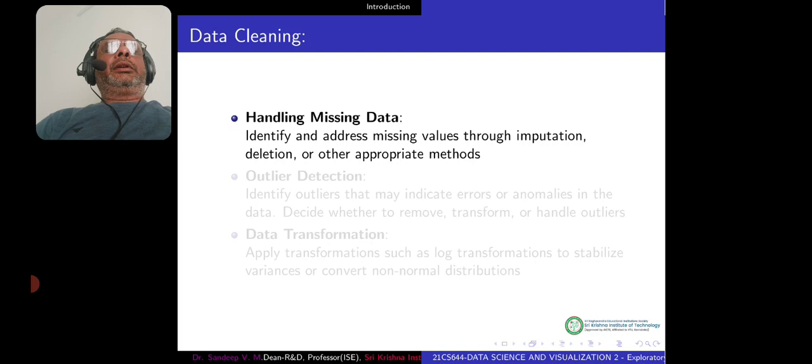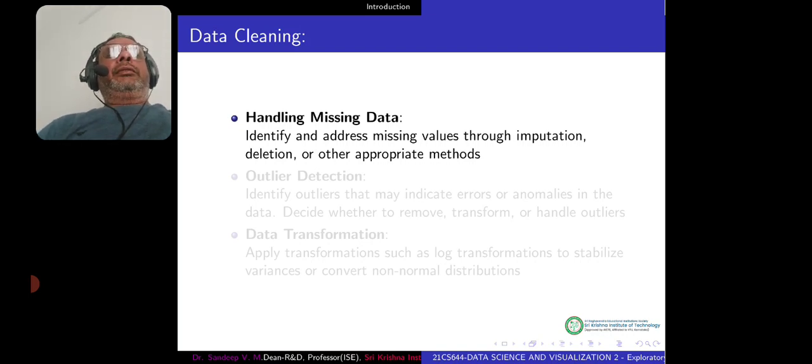So one of them is to fill the gaps. Whatever is missing, we need to fill it. Depending on the data type, if it is continuous data, then we can take the mean of the remaining data which are available and fill all the blanks, or we can take a median, or if it is categorical, then we can use the mode of that.